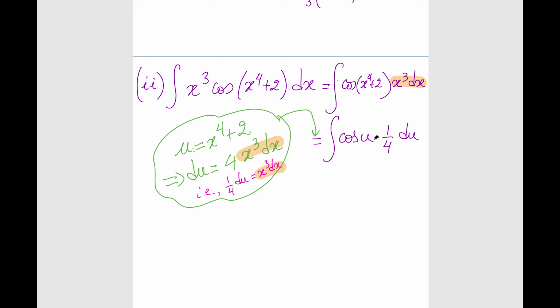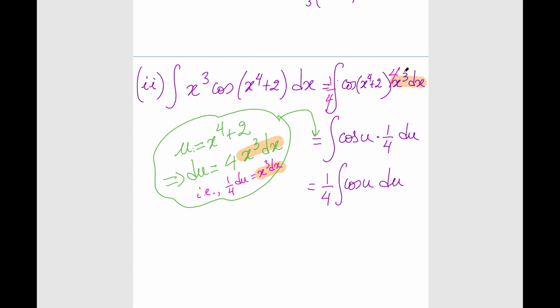Does it make sense? And this is the same as we just talked about over here, 1/4 cosine u du. Remember when I told you you can introduce a 4 here and divide by 4? And this whole thing now becomes the du, and the 1/4 is going to occur outside.